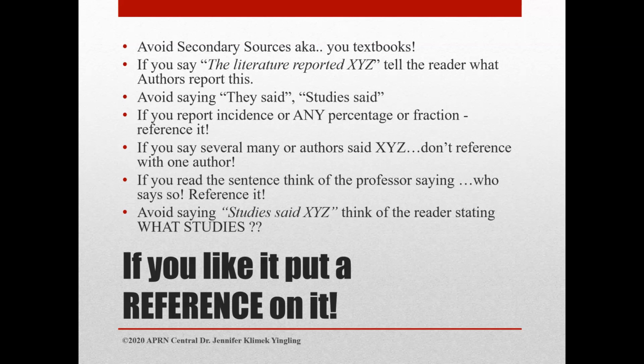It makes people crazy. So you want to make sure that if it's plural, you have several authors. If it's singular, you can have one author. If you read your sentence while you're proofreading and you can see your professor saying, who says so? Reference it. And again, really avoid "studies said, blah, blah, blah," because you think of your readers saying, what studies?